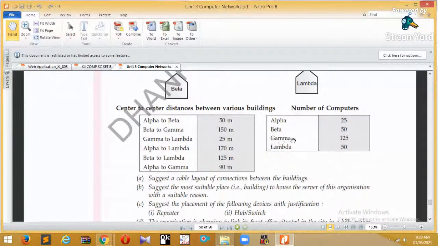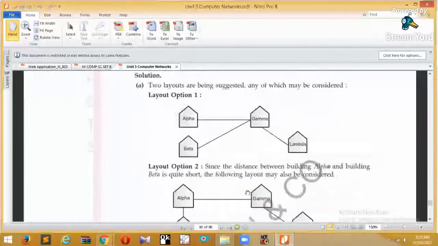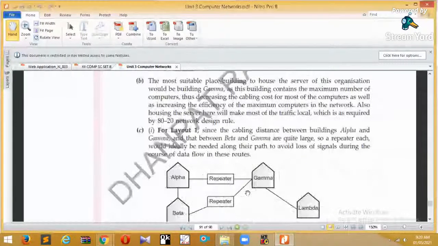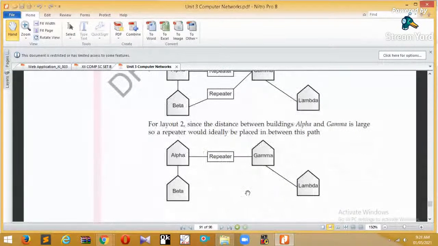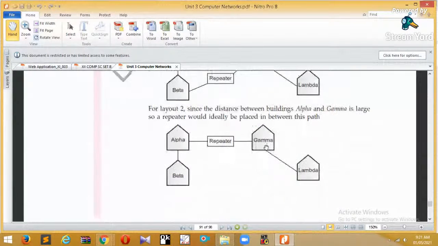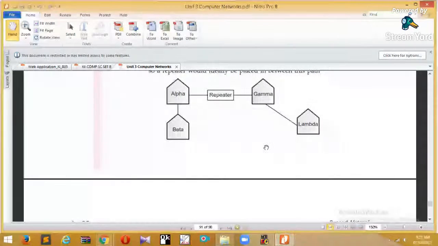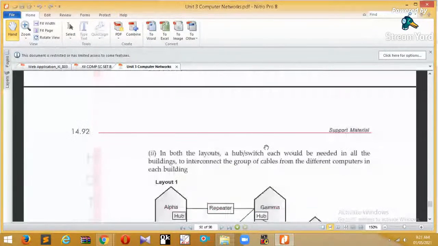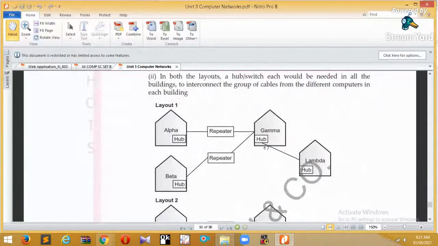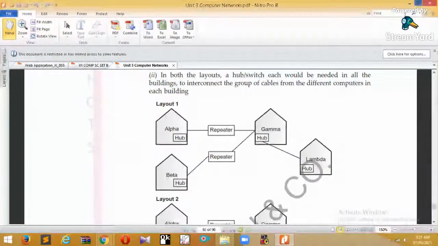So for each building, we have to place the hub or switch, because hub and switch are the special network devices that are used to connect the computers within the network, and it actually sends the data signal with a particular algorithmic rule, and the switch is called intelligent hub. These are the points we have to remember. Important short question: the meaning of switch is intelligent hub.